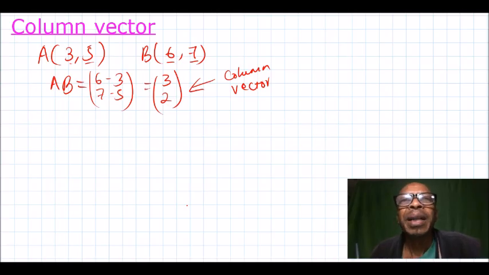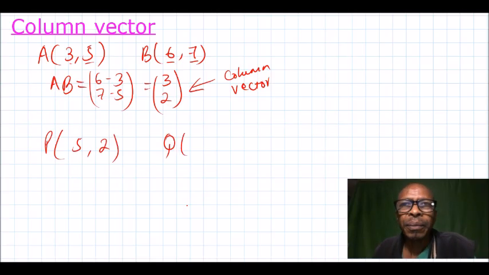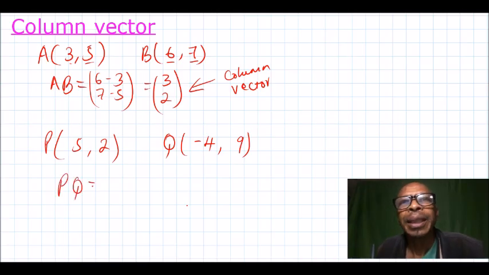If you are given P is (5, 2), Q is (-4, 9), you can get PQ is equal to (-4 minus 5, 9 minus 2).